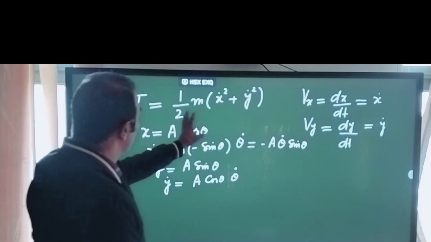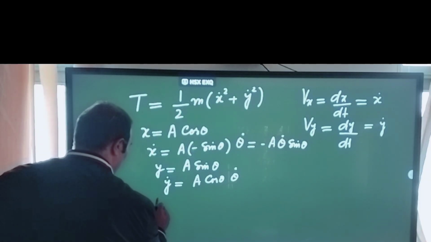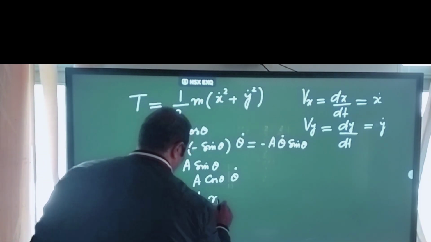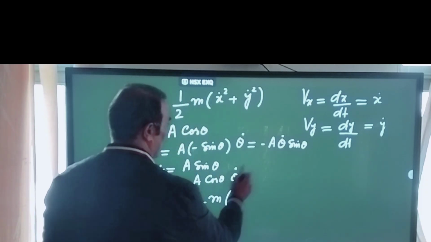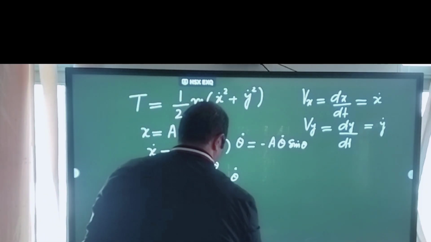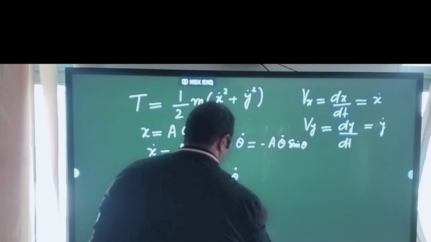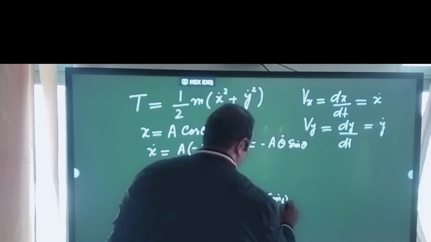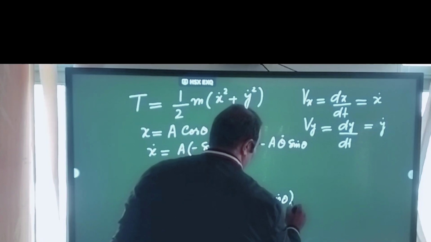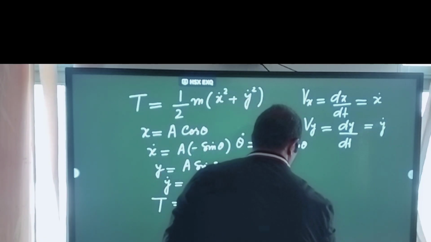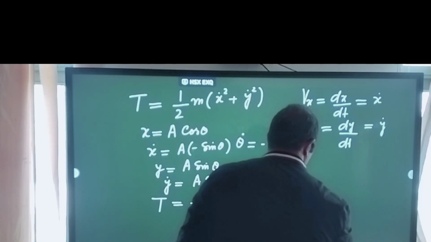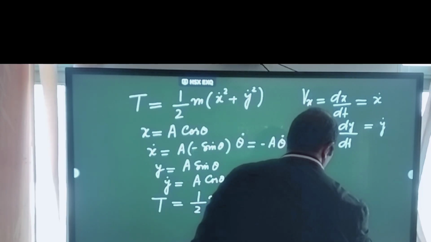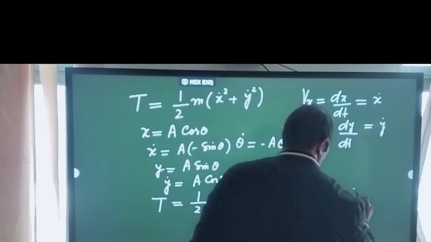Now let's calculate my kinetic energy from here. The kinetic energy will be equal to 1 by 2 m times x dot square plus y dot square, so that is (minus a theta dot sin theta) square plus (a theta dot cos theta) whole square.